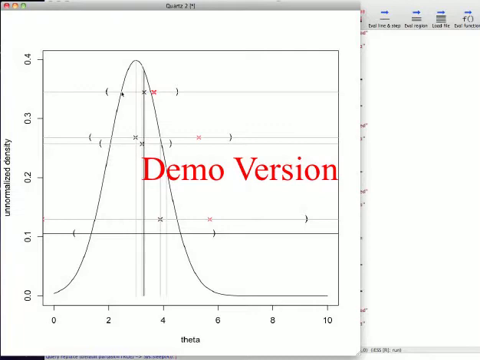So this is analogous to rejection sampling somewhat. So in rejection sampling, you have some other curve that dominates our curve. Okay, here we go.